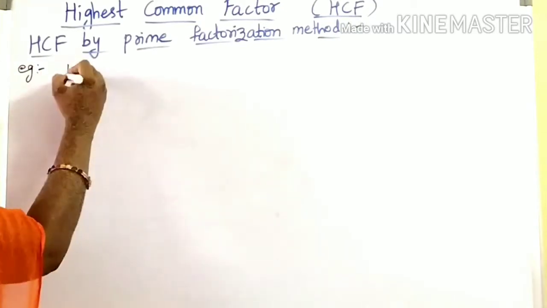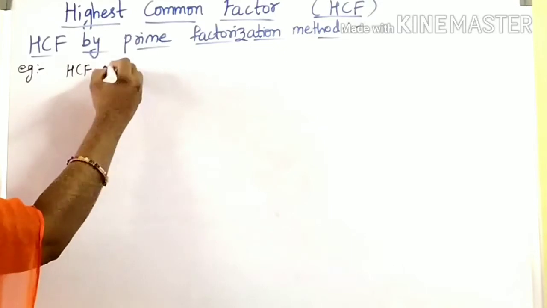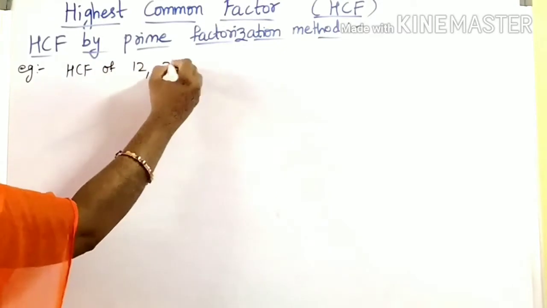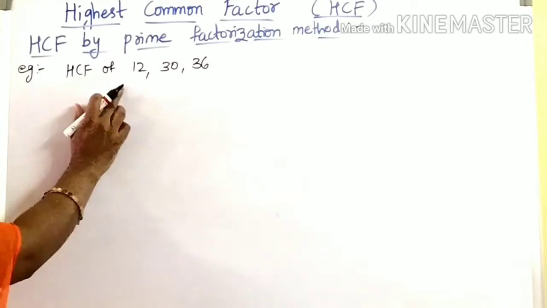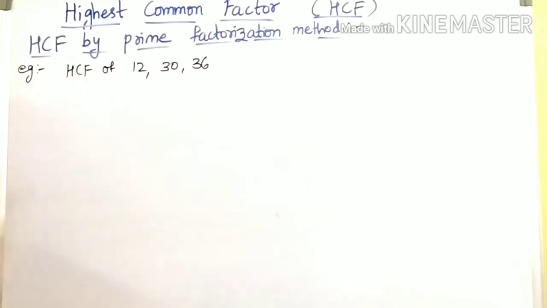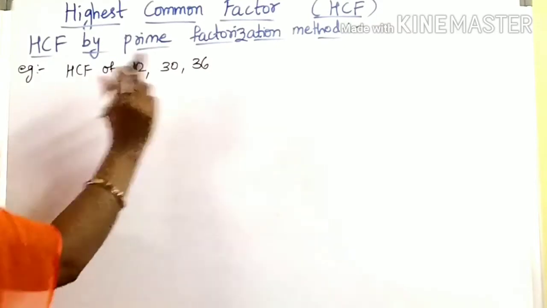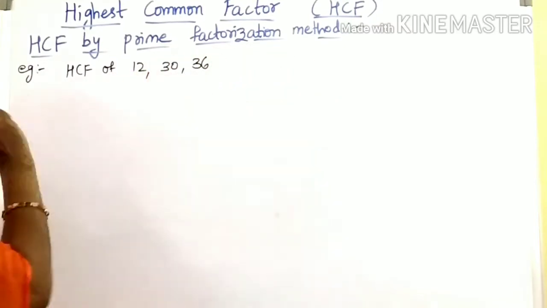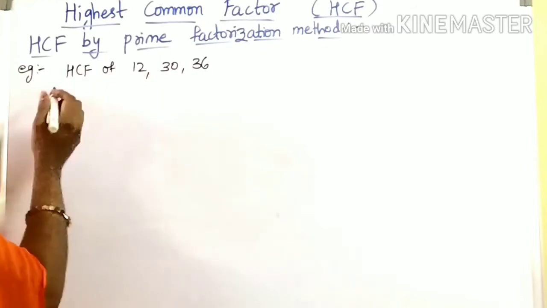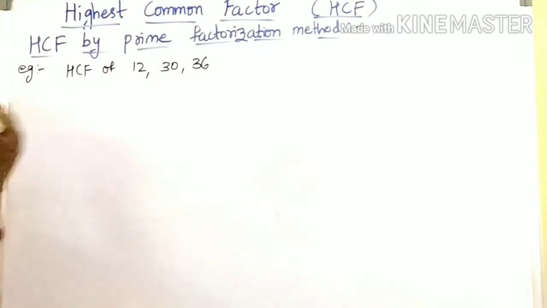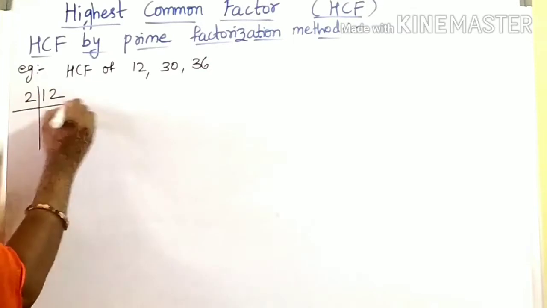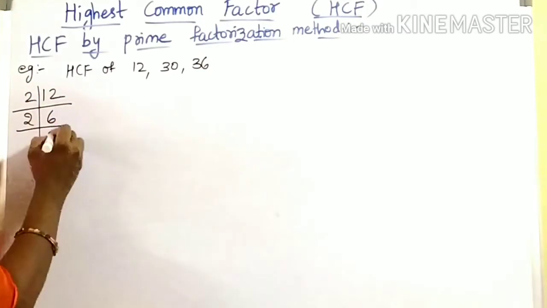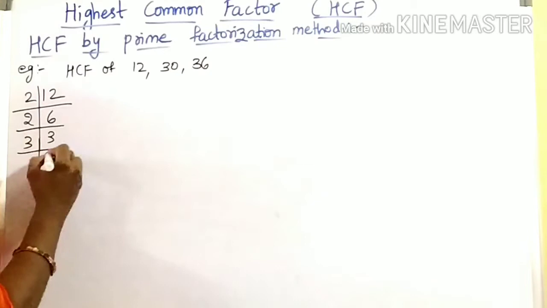We will find the HCF of 12, 30 and 36. Three numbers I have taken here. In this method, first write each number as a product of its prime factors. This method is called prime factorization. For 12: 2 table, 2 6s are, 2 3s are, 3 1s.